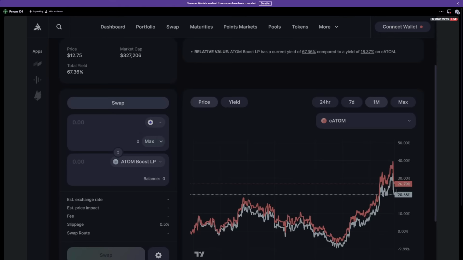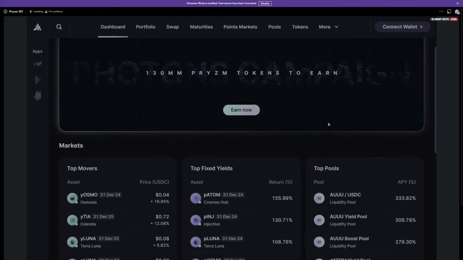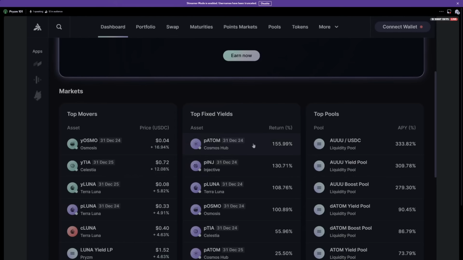So what does it mean? Going back to our original question of these fixed yield tokens and liquidity pool tokens, when's a good time to potentially decide that you might want to buy a fixed yield token or a liquidity pool token?